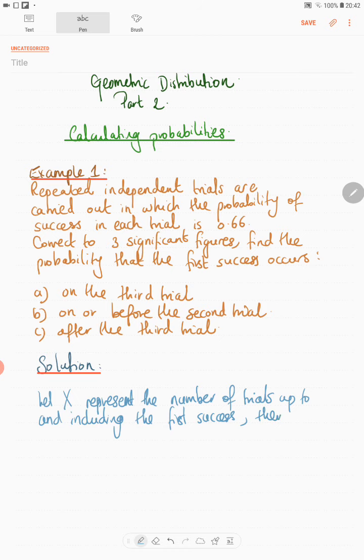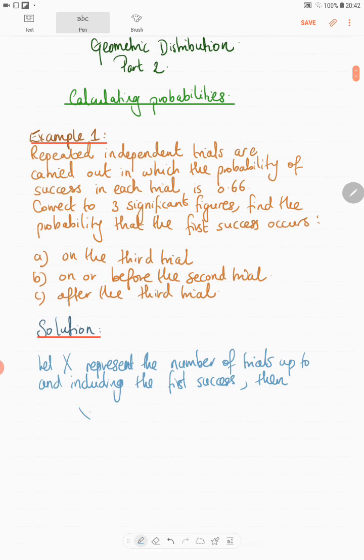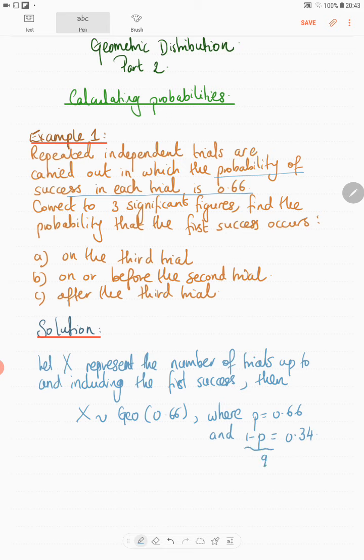Then we can say that X follows a geometric distribution with a parameter P of 0.66. So here it is given that the probability of success in each trial is 0.66. So P is equal to 0.66 and 1 minus P, that is Q, will be 0.34. So this is Q.